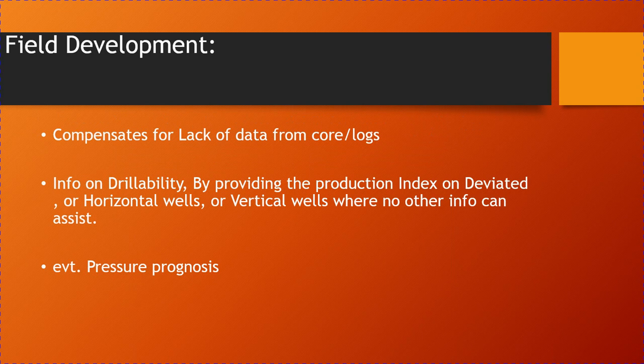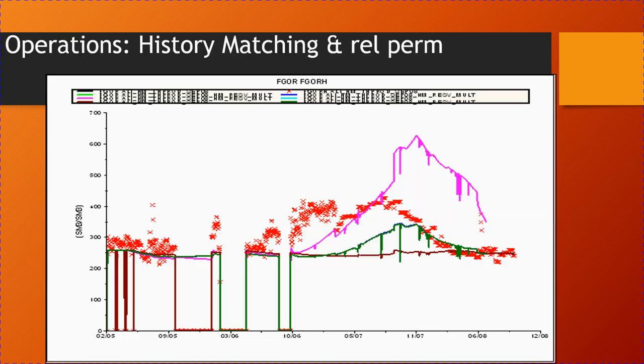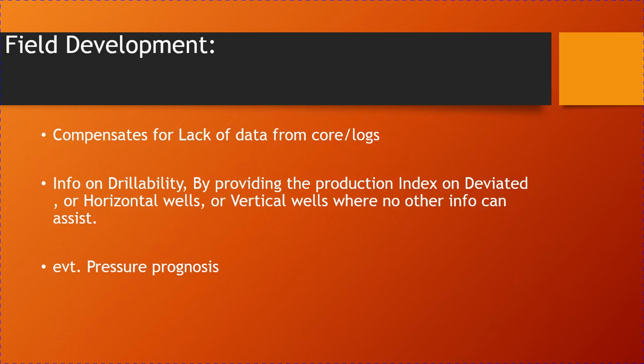Now, the second case is the case of field development. So in field development, first of all, knowing the uncertainty on your well test brings more value when you use your well test permeability to compensate for lack of data from the core and the logs.